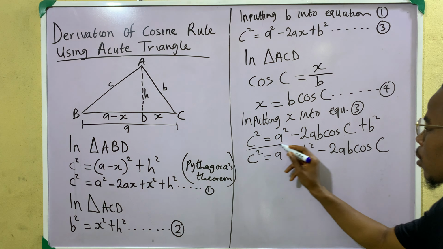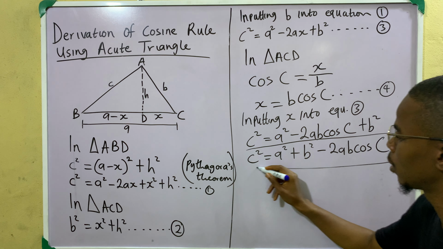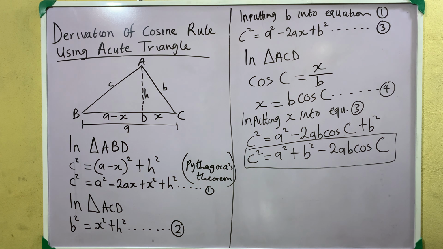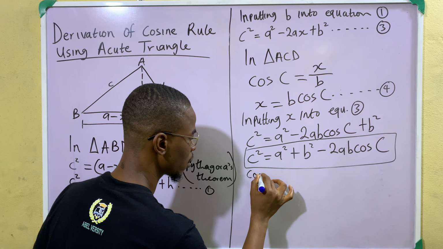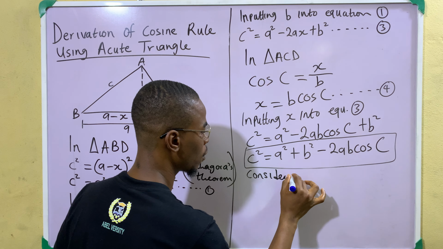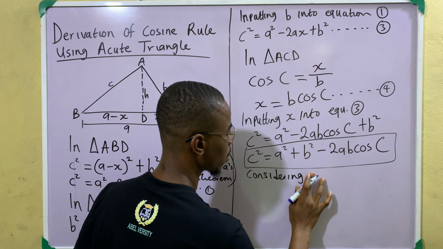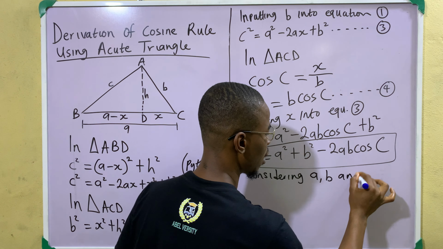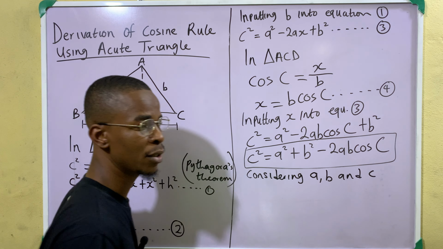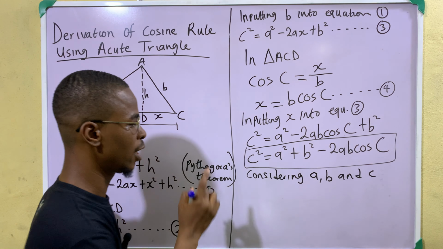Now this will stand as the basis for our cosine rule. Considering a, b, and c, that means all the sides involved.